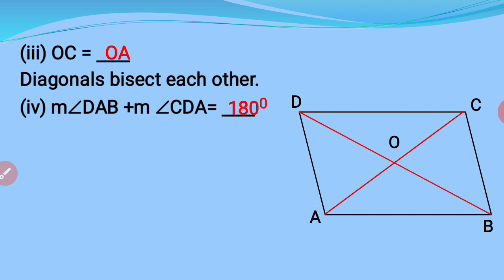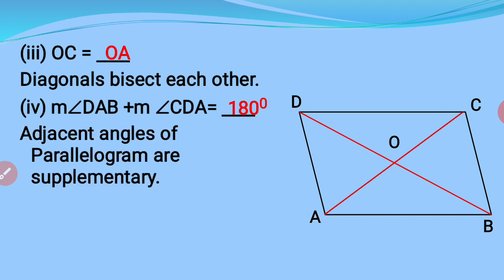The reason is both the angles, that is angle DAB and angle CDA, form a pair of co-interior angles. They are also the adjacent angles of a parallelogram. The property goes as the adjacent angles of a parallelogram are supplementary. So, we are going to note it down.